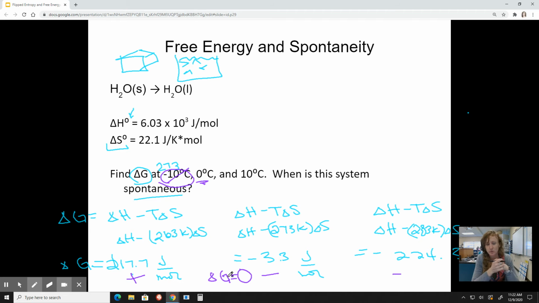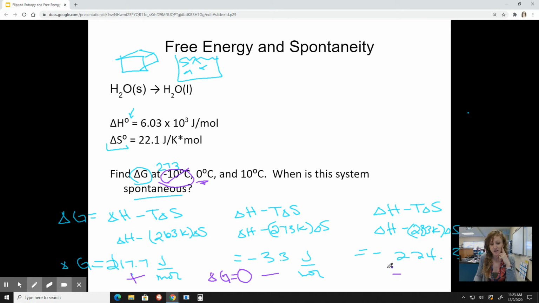The system would be in equilibrium. So it did come out as negative, which means it should be spontaneous at 0 degrees Celsius, as long as our significant figures aren't throwing us off in this equation. But also a good time to talk about how if delta G comes out to be 0, that's really similar to delta S of the universe coming out as 0.